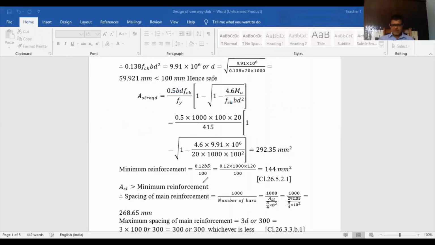Now, but the minimum reinforcement? Minimum reinforcement is 0.12 bD by 100. That is given in clause 26.5.2.1. So let us go to this, 26.5.1.